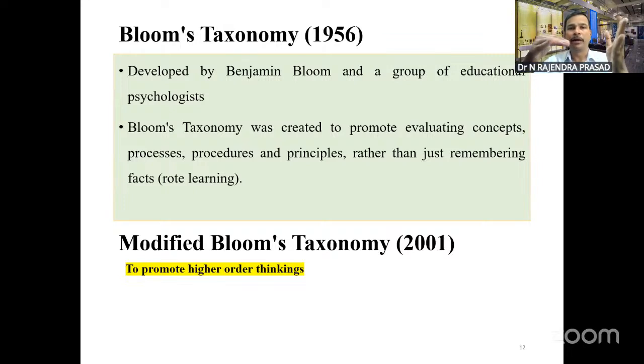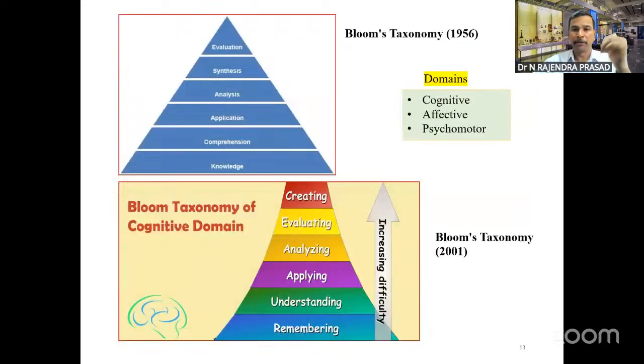He should acquire all the competencies with respect to real world challenges. Why? Because he has to become employable. And that is showcased in the modified Bloom's taxonomy. You can make use of this particular slide to differentiate between Bloom's and modified Bloom's taxonomy, which were developed in 1956 and 2001 respectively.